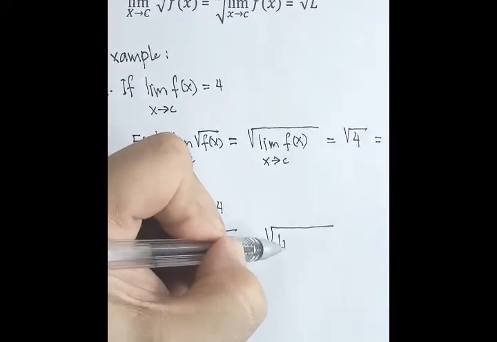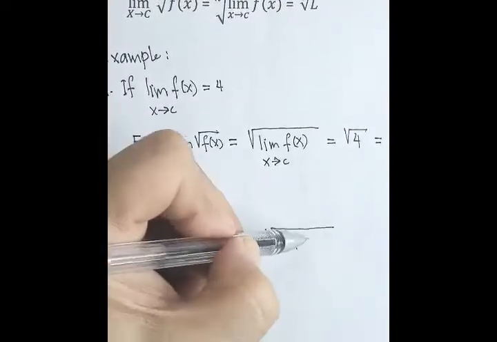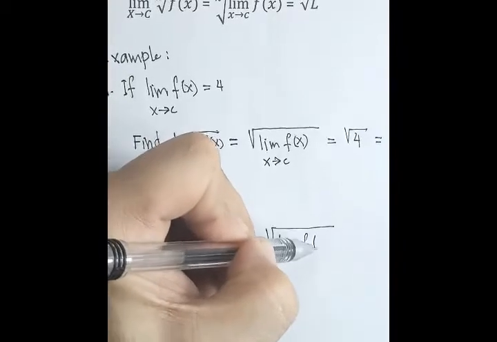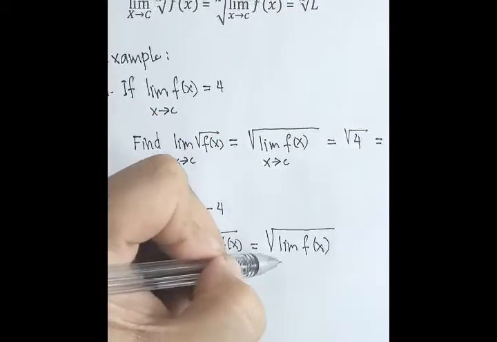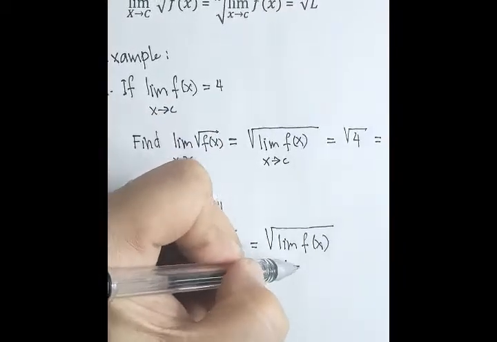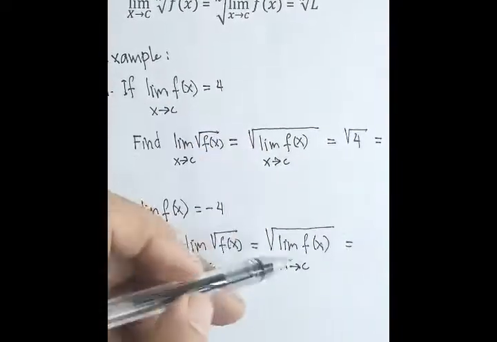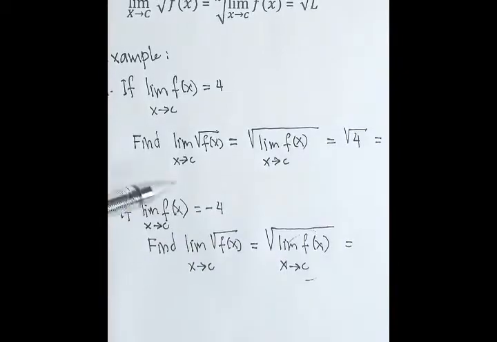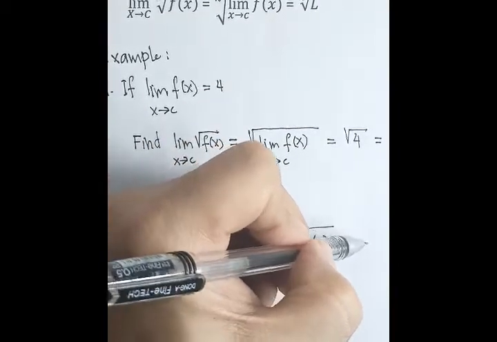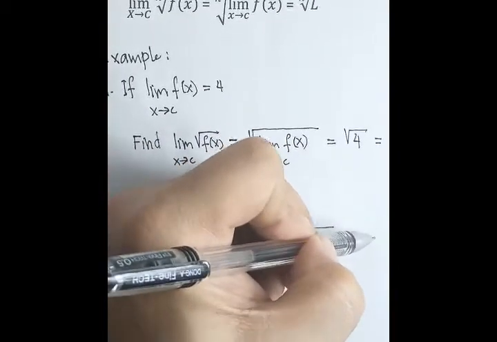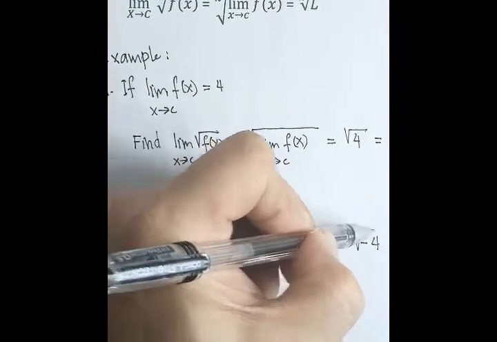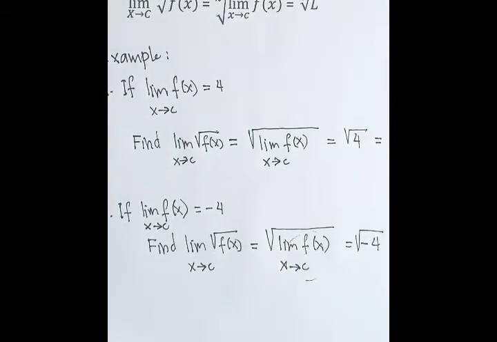So we have the limit of the function of x as x approaches c, then this whole expression is equal to negative 4. So we have the square root of negative 4.